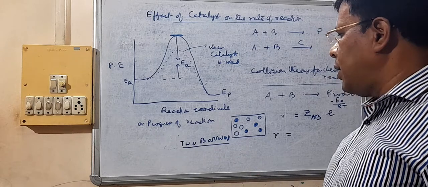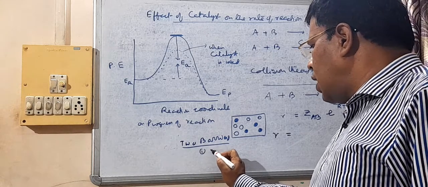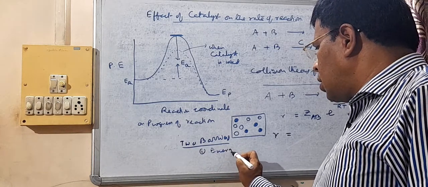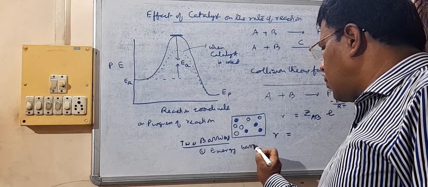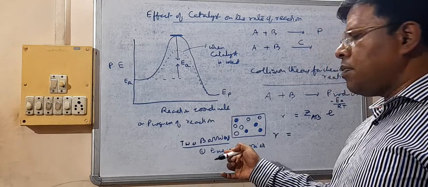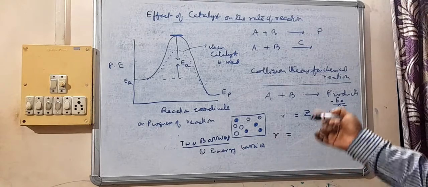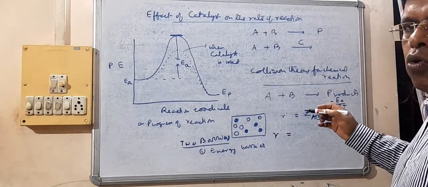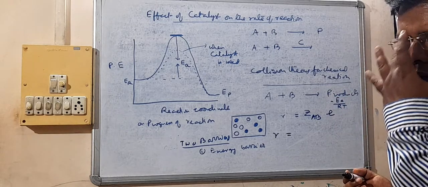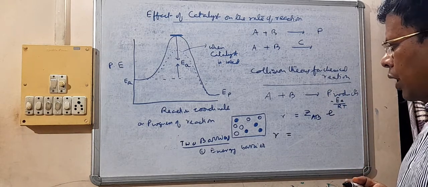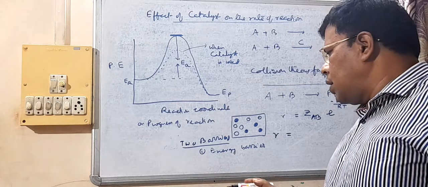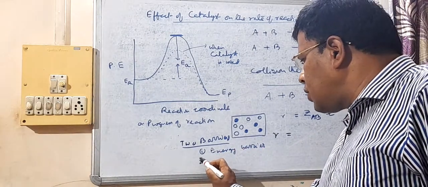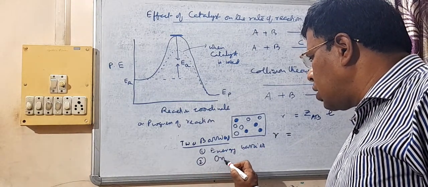One is energy barrier. What is energy barrier? As has been said, the reactant molecules must have energy equal to EA or more than that. Then only collision will result into reaction. That's energy barrier. The second barrier, which is very important, is orientation barrier.